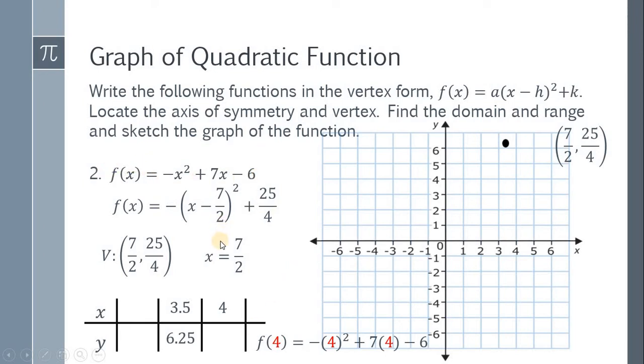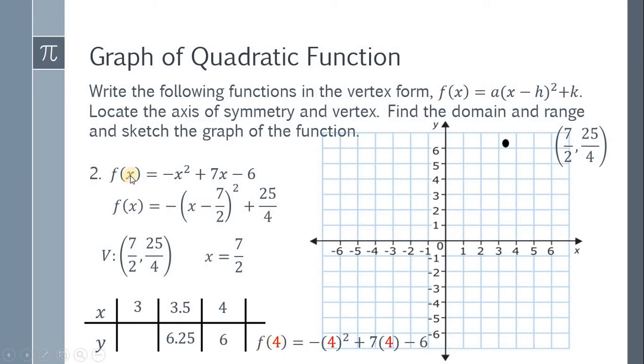So, lahat ng x, papalitan ng 4. So, f of 4 equals to negative of, we have 4 squared, plus 7 times 4 minus 6. Simplify natin. Negative 16 plus 28 minus 6 is equals to 6. Next, hanap tayo ng number na mas mababa naman sa 3.5. So, pipiliin natin ay yung 3. Now, i-plug in natin yung 3 dun sa ating equation.